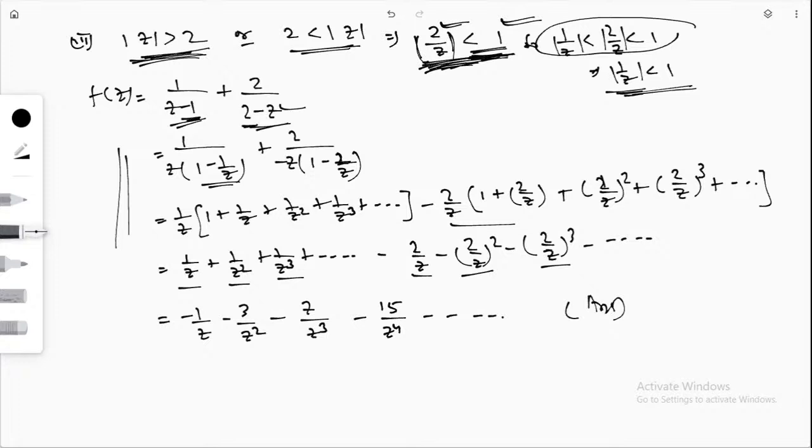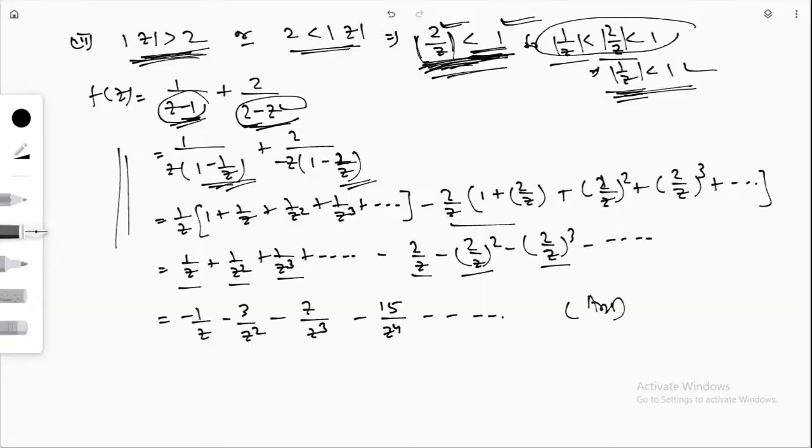And since the constant 1 is 2 and 1 is 1, your 1 by z is less than 2 by z and your 2 by z is less than 1, so I can say your 1 by z is less than 1. So if this is also less than 1, we can get the series expansion about 1 by z and about this 2 by z.